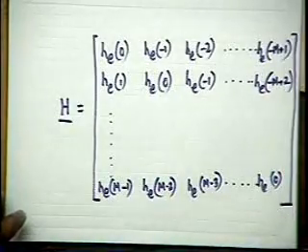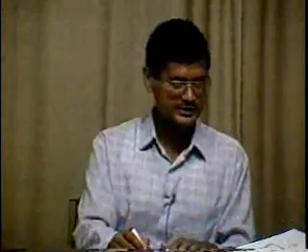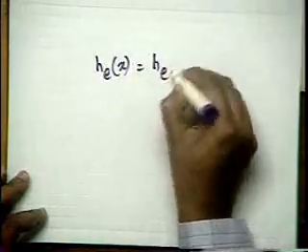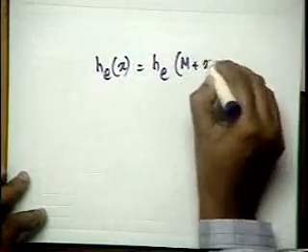Now, since we are taking samples of this h function, how many samples have we taken? Capital M number of samples. So naturally it is going to be periodic with a period equal to capital M. So we can straight away write the property that h_e(x) must be equal to h_e(M plus x).